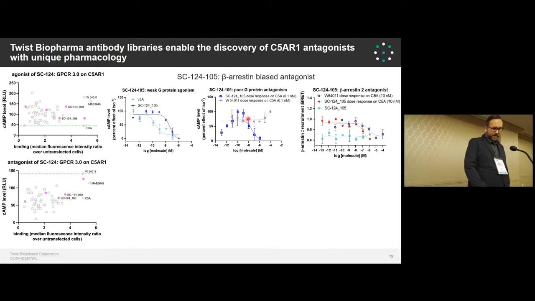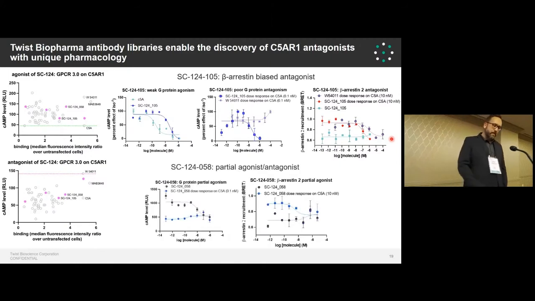There's really no blocking of the receptor, but it did have very potent beta-arrestin blocking. That's this red line versus the small molecule in this purple line. So it seems to be a beta-arrestin biased antagonist.